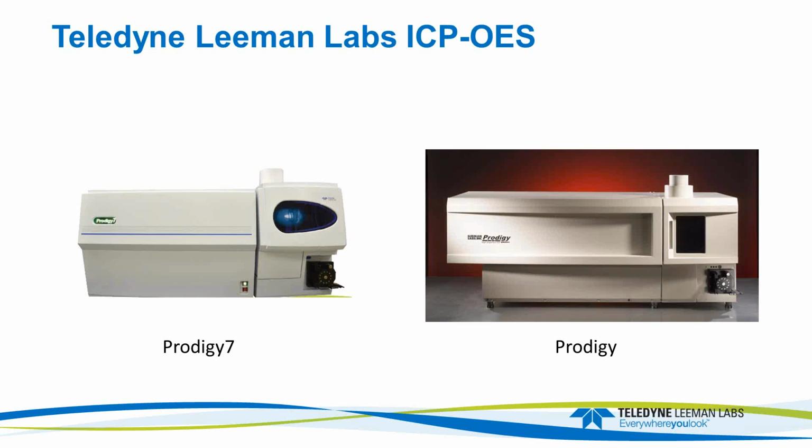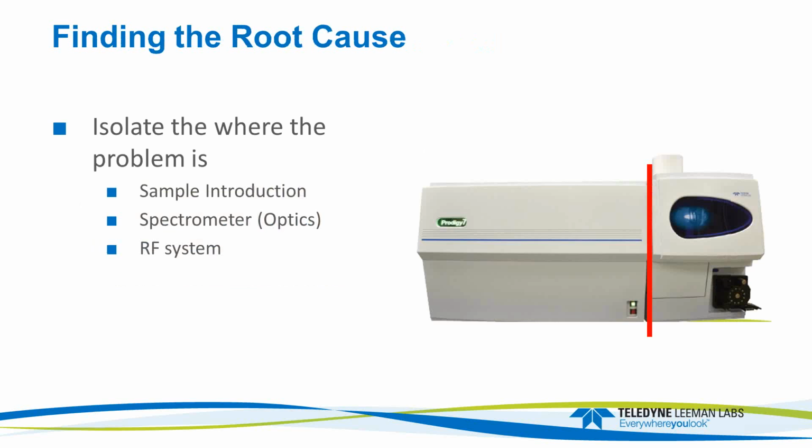But we'll see. Okay. So the first thing you really want to do is isolate where the problem is. The portions of the system that we'll look at are the sample introduction, and if you have experience with ICP, you know the vast majority of problems you have are going to come from the sample introduction system. It's just a fact.